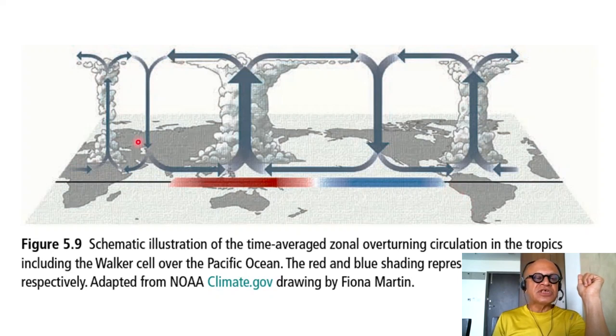And the other part of the sinking happens here over the Western Indian Ocean, and there is the West African monsoon and the Amazon convection. So you have the Pacific Walker cell and the Atlantic part of it and the Indian Ocean part of it, all of them oscillate back and forth at seasonal and interannual and decadal and global warming timescales. So that's a clear example of the atmospheric response to SST distribution as well.